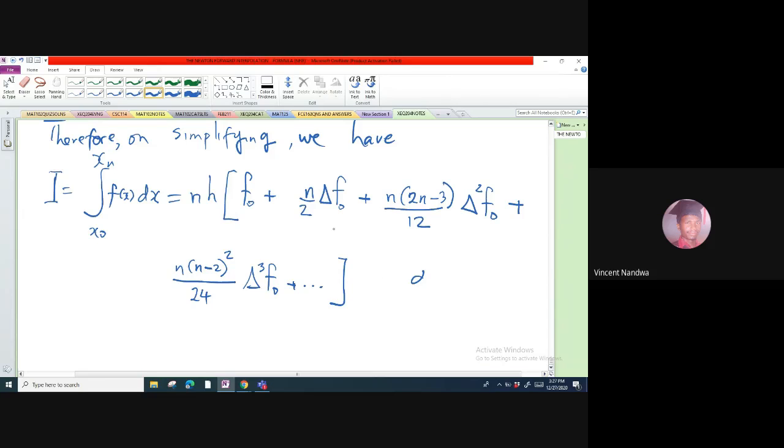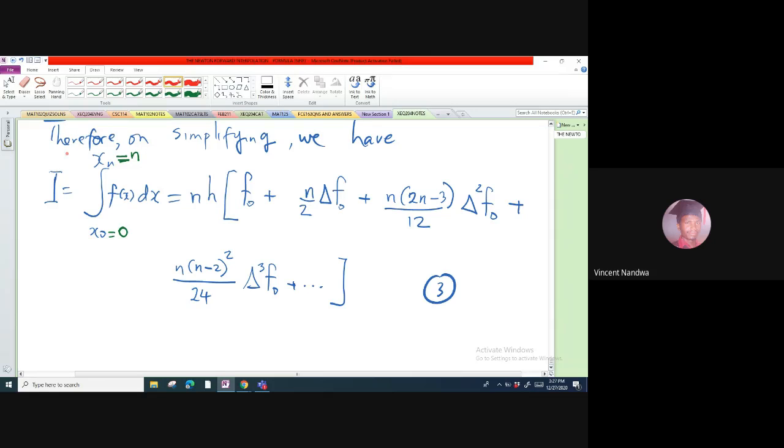I'll call this one equation 3. So remember, at this point here, we are getting this integral by simply saying x naught is the same as 0, and xn is the same as n. So that's why we have n points from 0 to n. So that's why we have this relationship here.